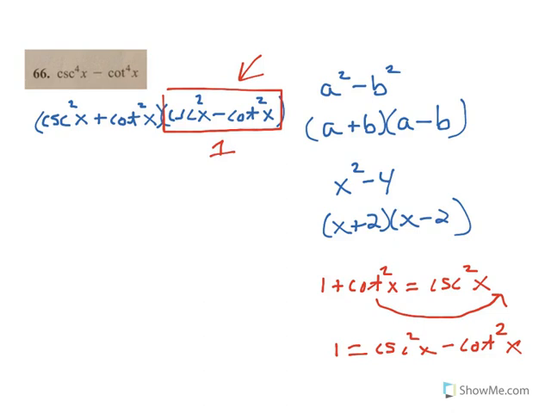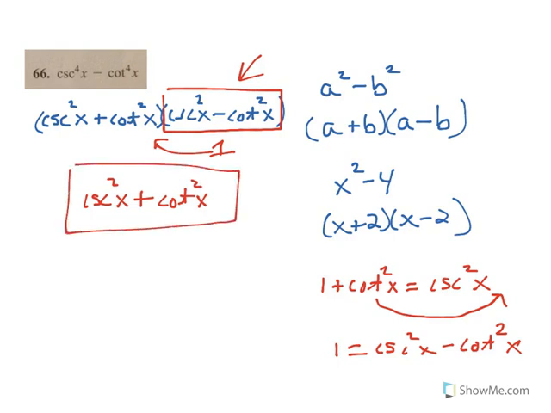So 1 times what we already have is just going to leave us with that first set of parentheses. So we're going to have cosecant of x squared plus cotangent of x squared. And that would be a simplified form for number 66.